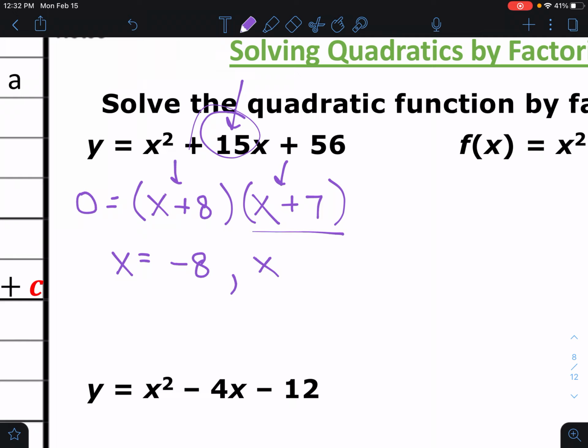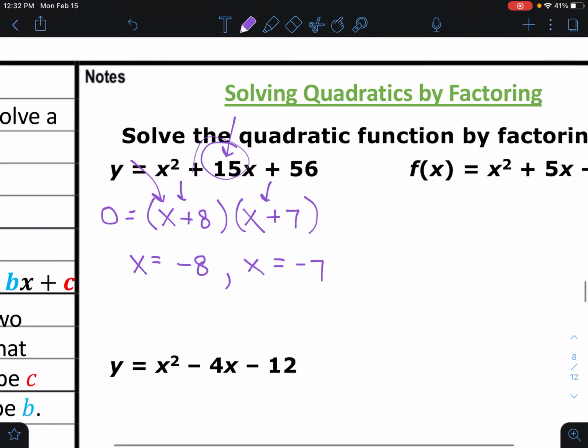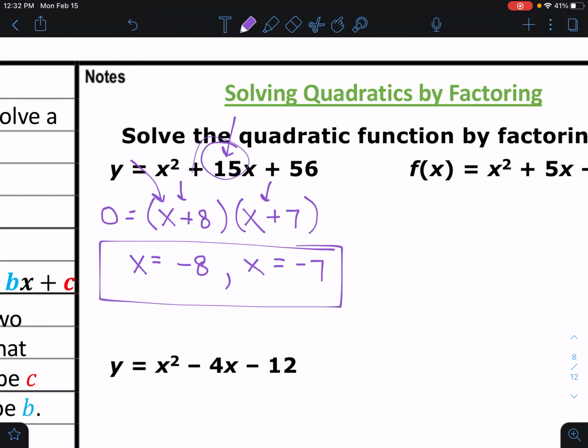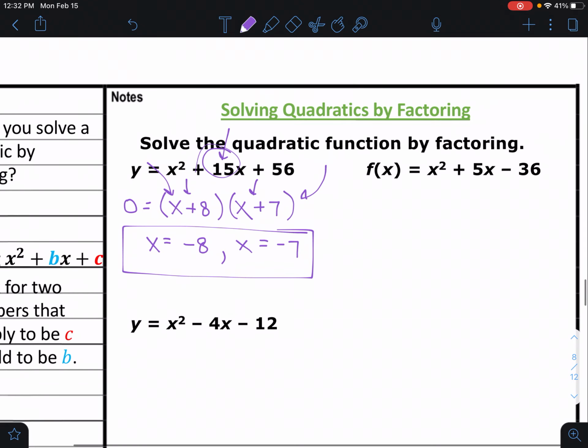Well, what would make this equal 0 would be negative 7. If I put a negative 7 here, that's going to give me positive 1, but I'm multiplying by 0, so that's still going to give me 0. So my two answers, or solutions, would be x equals negative 8 and x equals negative 7. You're going to factor it first and then set it equal to 0. Okay, that's how you solve by factoring if they're in x squared plus bx plus c form.